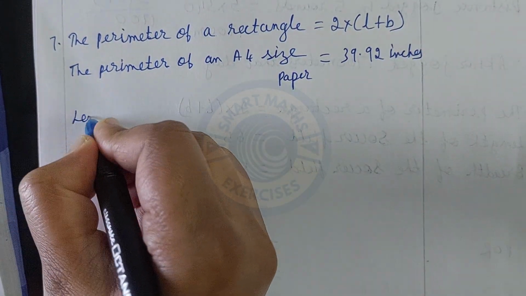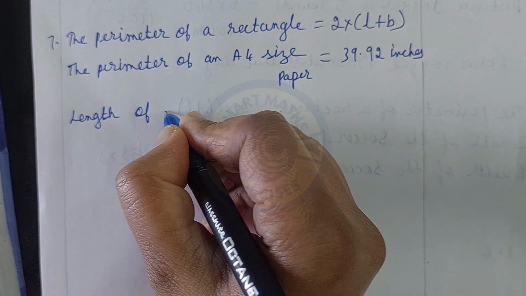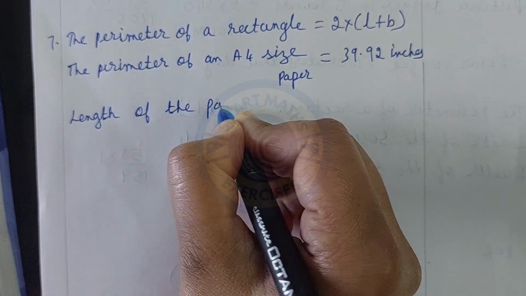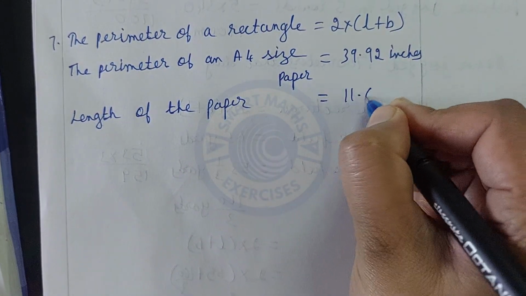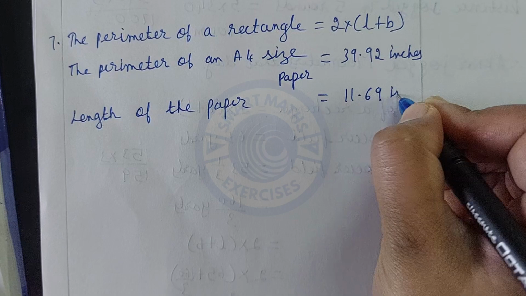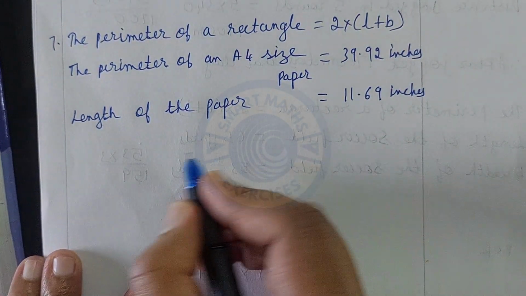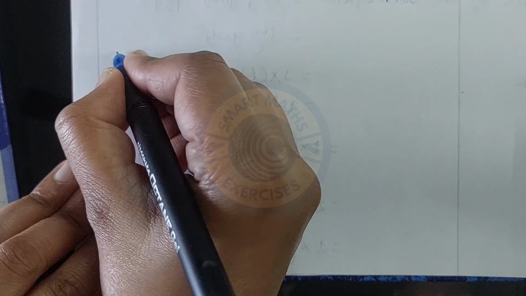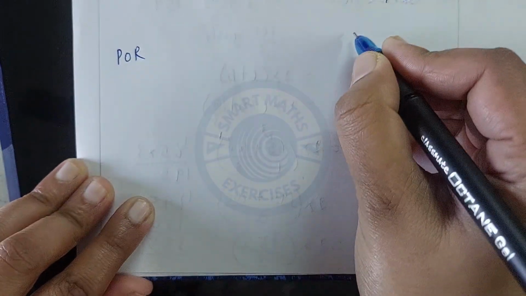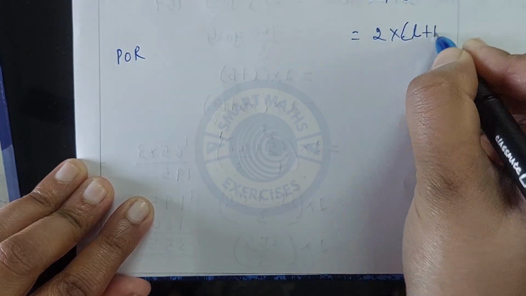Length is given, length of the paper is equals to 11.69 inches. Now find out the perimeter of rectangle. Perimeter of rectangle is equals to 2 into L plus B.